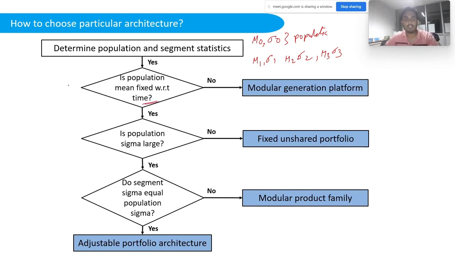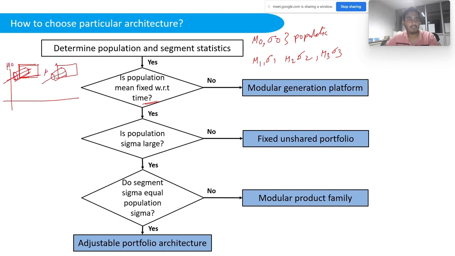Consider the demand for a zoom lens in a camera. The zoom capability, or the length of the lens, has a mean length mu naught.